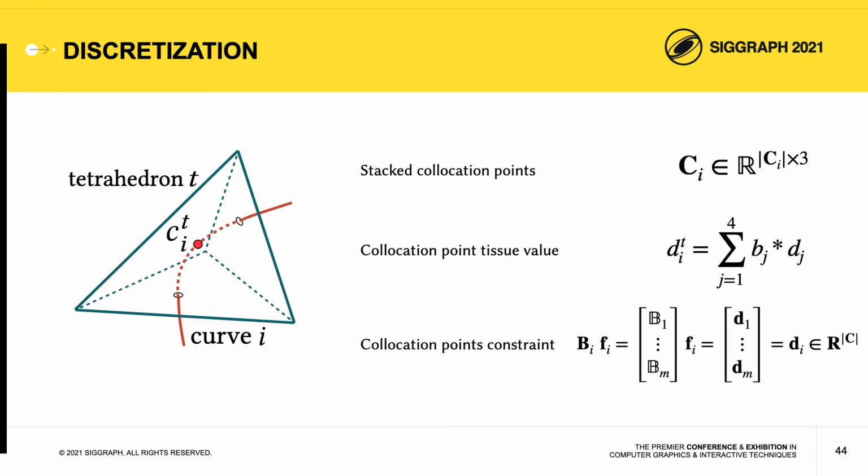Stacking the barycentric equation for a set of desired values of collocation points into a matrix constitutes a linear equality. Here, for every muscle curve, we have a matrix B_i, which is a sparse matrix of stacked barycentric coordinates of collocation points for all curves. D_i is a vector of stacked tissue values for all collocation points for all curves.